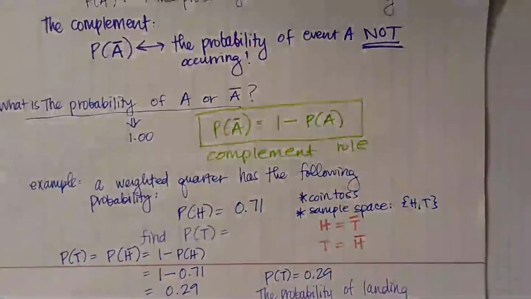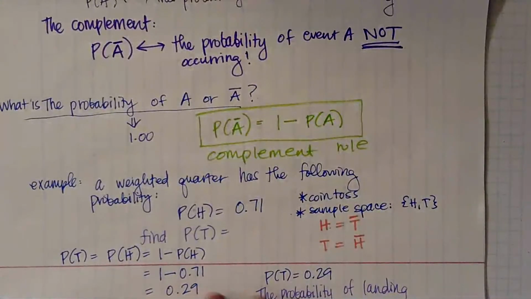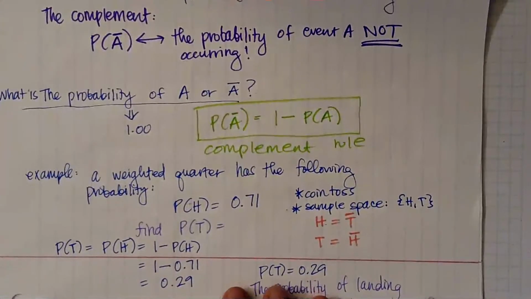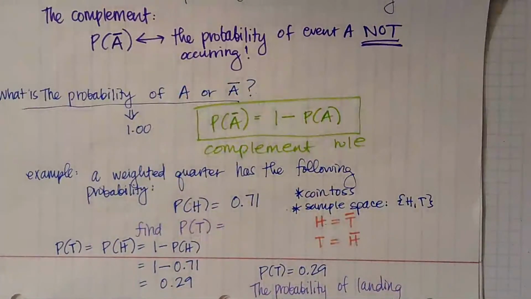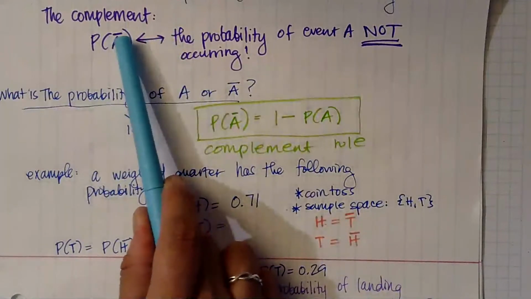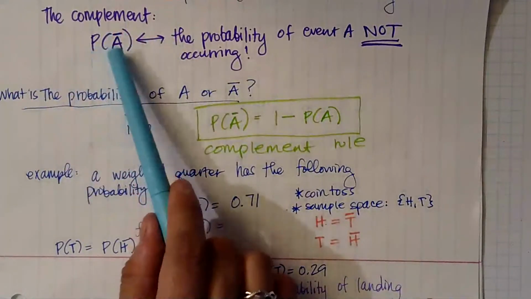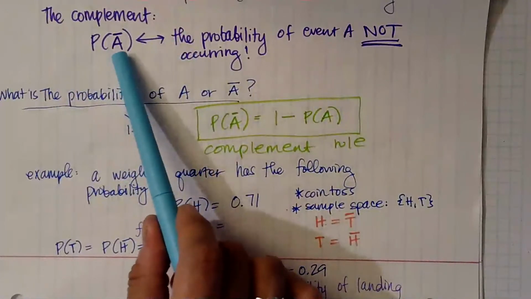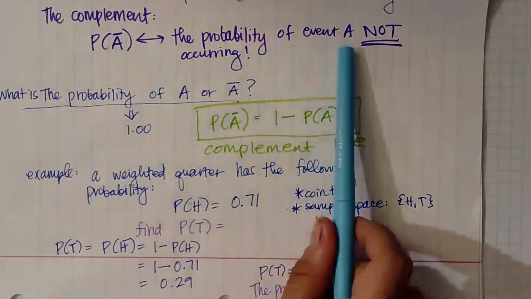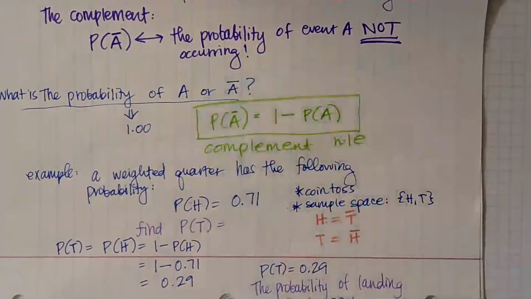All right. Now let's talk about complements. We recognize that P of A is the probability of event A occurring, but now I put a little dash on top of that, and now this reads P of A not, which means P of A not is the probability of event A not occurring.